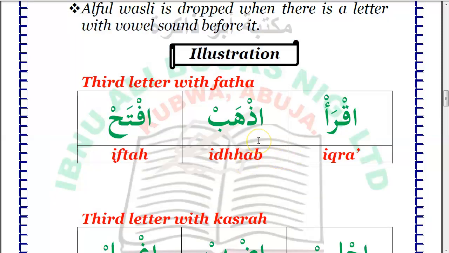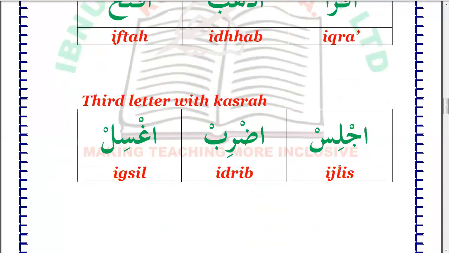This is the case whereby the third letter is carrying fatha, which makes us give alif al-wasli kasra. Now this is another section, where the third letter carries kasra: 1, 2, 3. Lam is the third letter and is carrying kasra. In that case, we give alif al-wasli kasra.